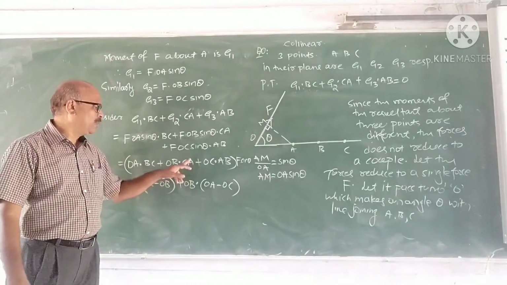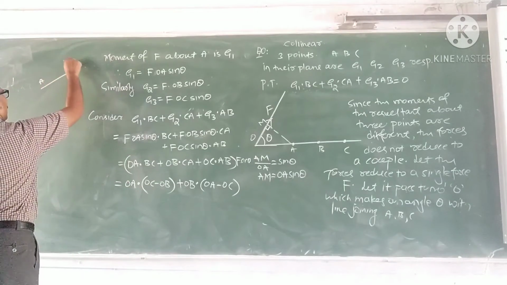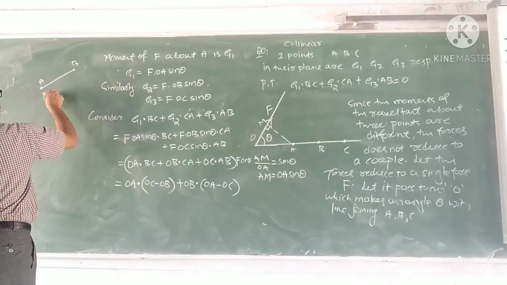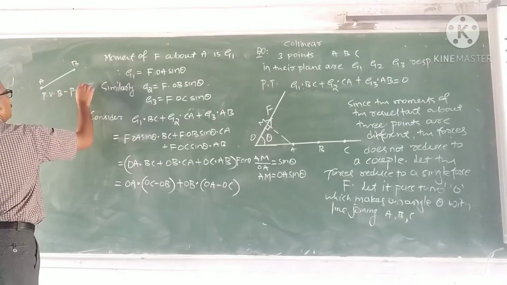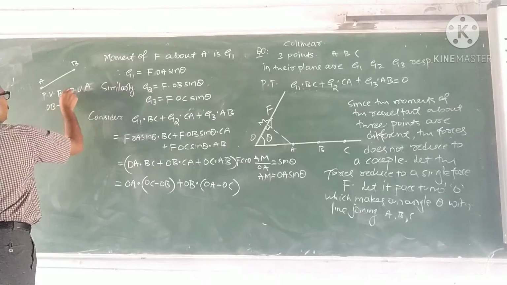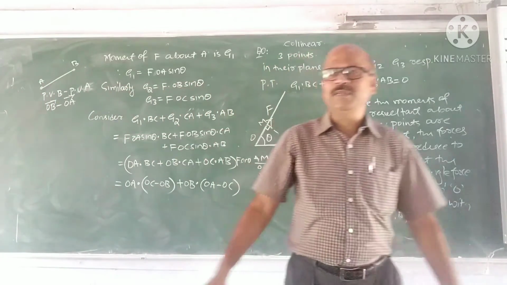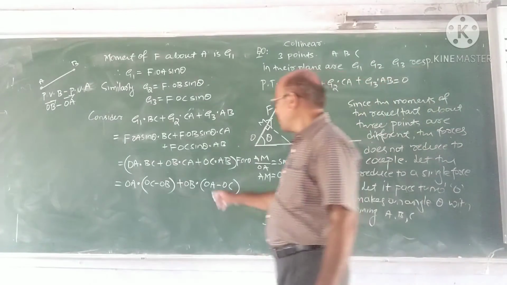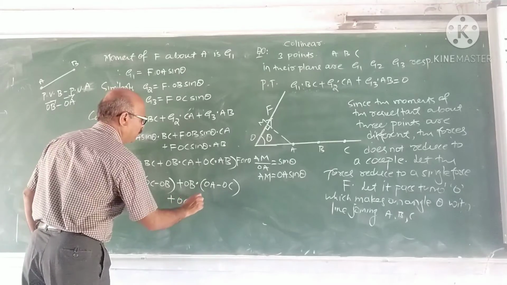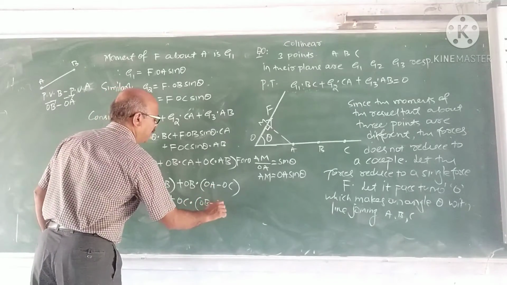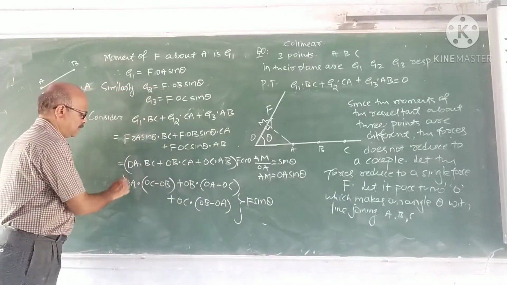CA means position vector of A minus position vector of C, because vector AB is the position vector of B minus the position vector of A. Position vector of B means OB, of A means OA, so vector OB minus OA. These elementary things you have studied. Here vector CA is OA minus OC, plus OC dot, what is AB? OB minus OA, into F sin theta.